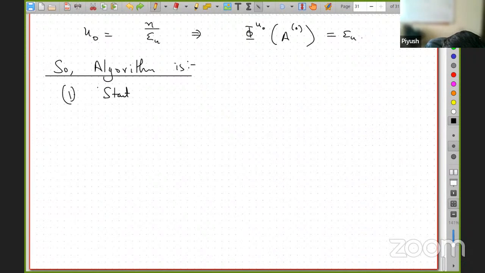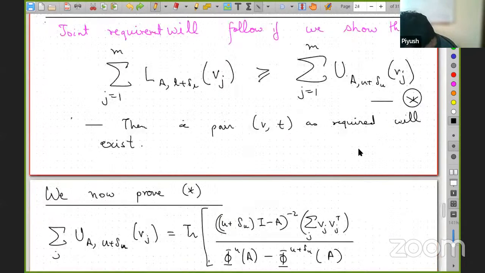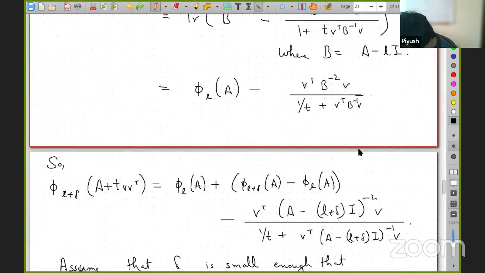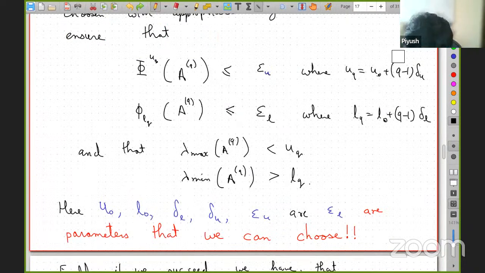Start with, actually, I think I messed up something very early. It was some q minus 1, which should just be q.